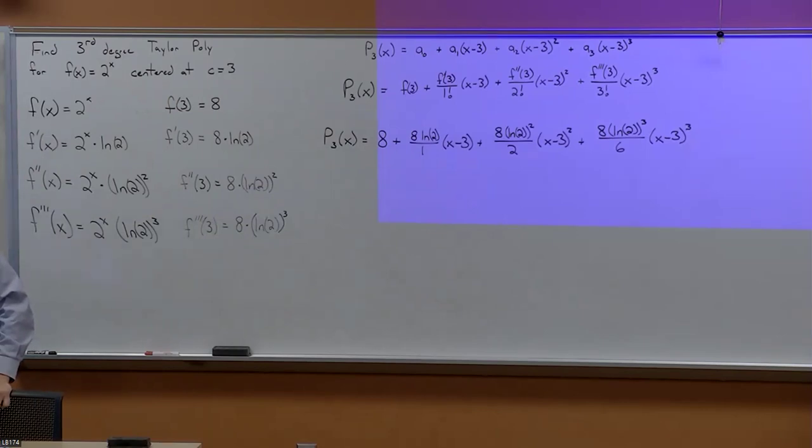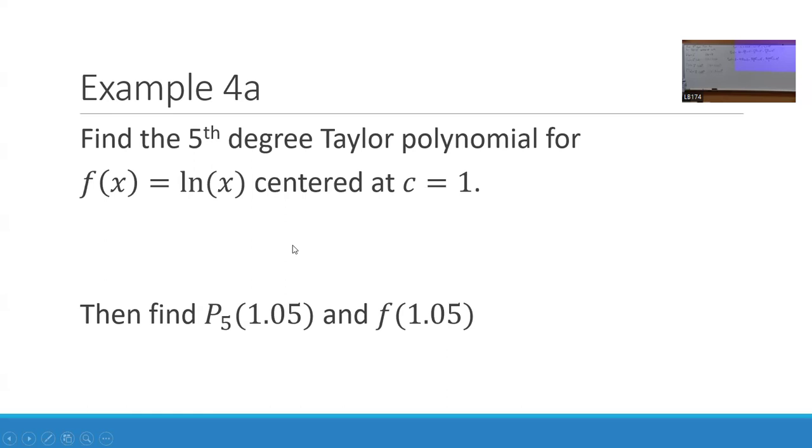Let's look at another. This says, let's find the 5th degree Taylor polynomial for natural log of x centered at 1.